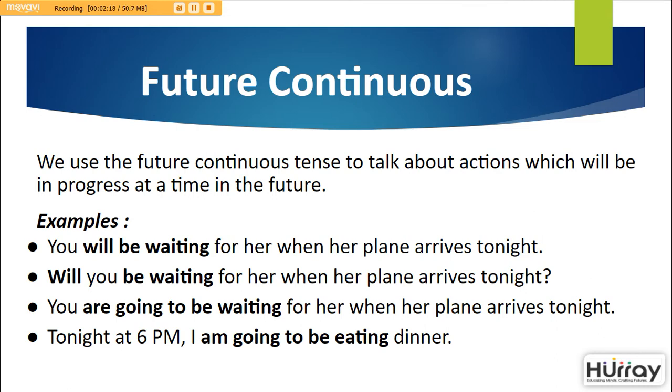Similarly, you've got you are going to be waiting for her when the plane arrives tonight. Or, tonight at 6 p.m., I am going to be eating dinner. So all these phrases denote that you are talking about something that will be in progress in the future.